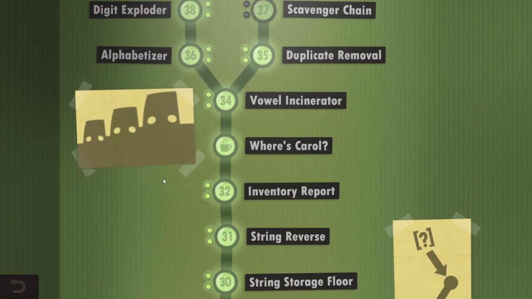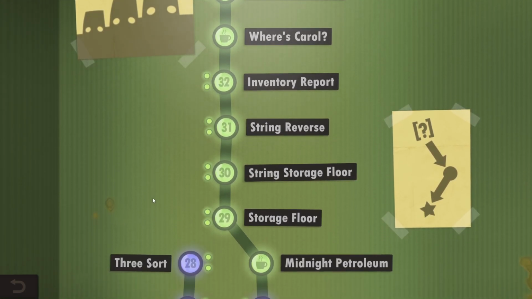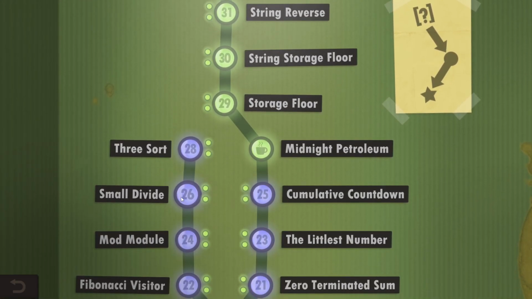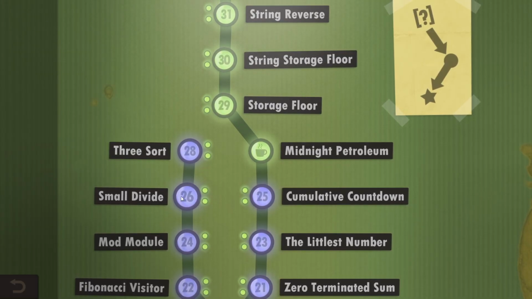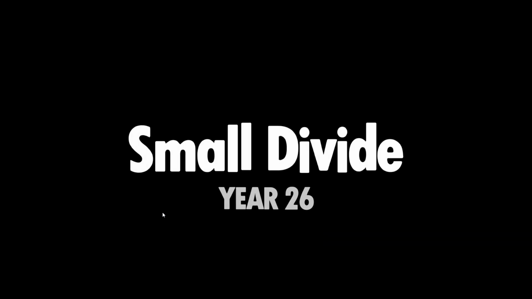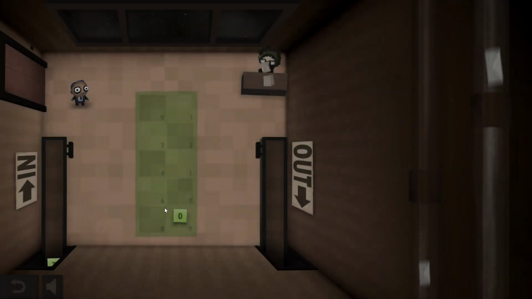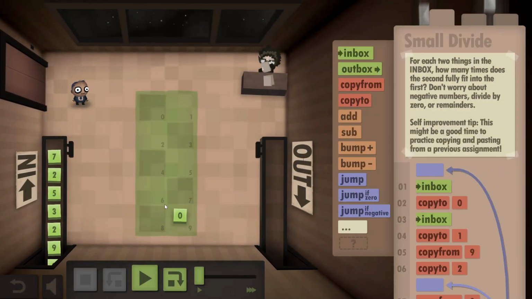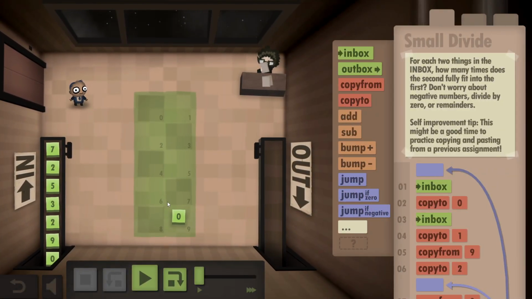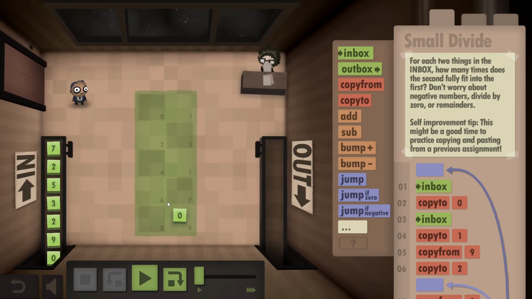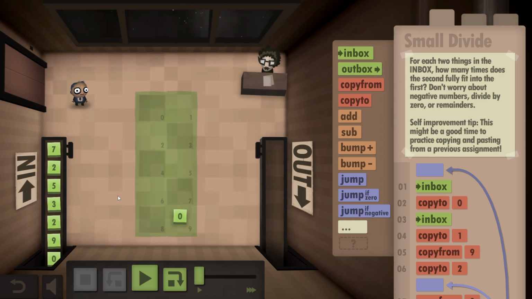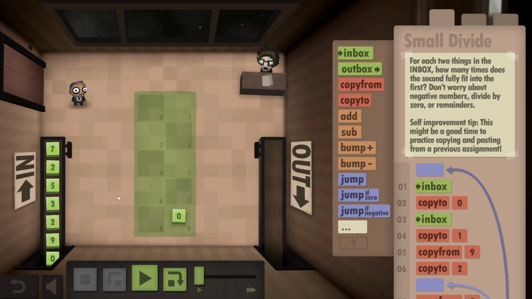Okay, I don't know. Oh, a small divide? I'm assuming this is something that could help us, right? But how do we get to it?